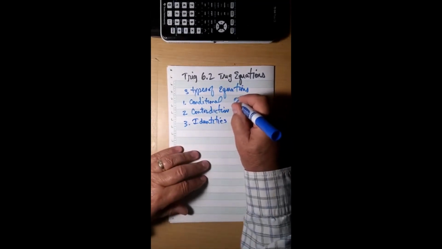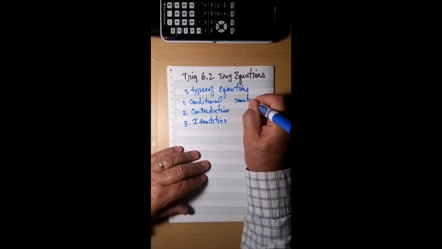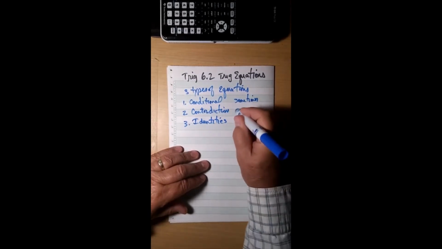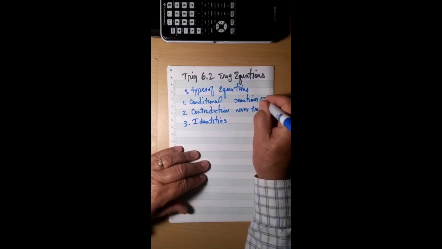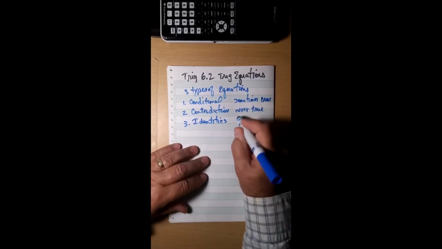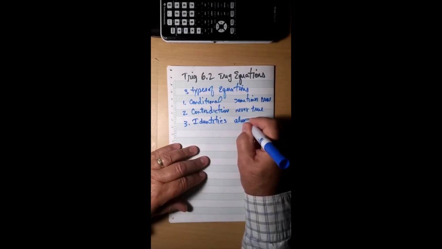Conditional equations are sometimes true. Contradictions are never true. And identities are always true.